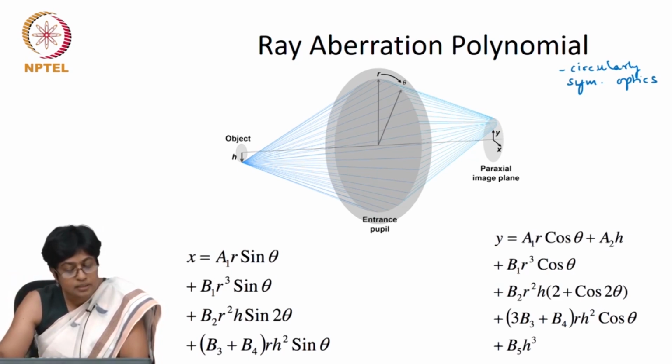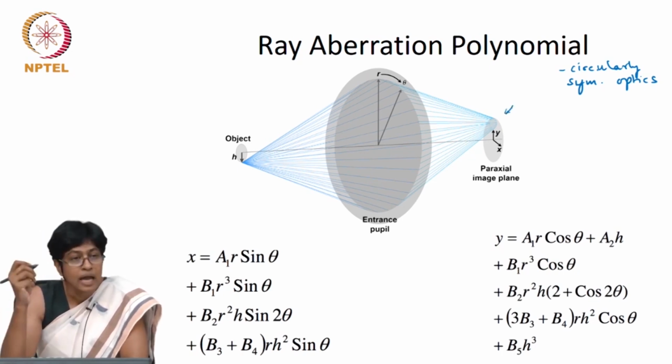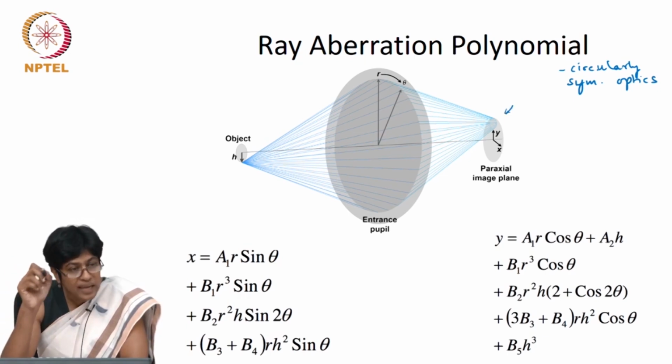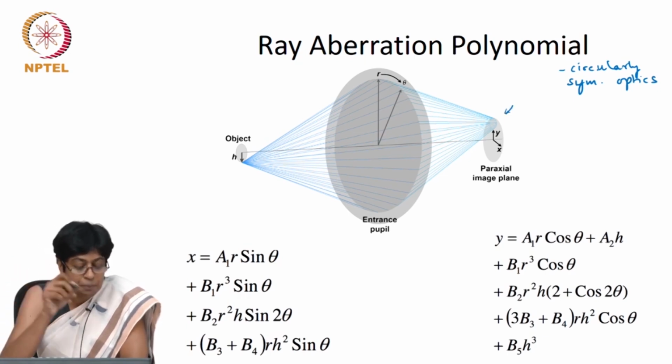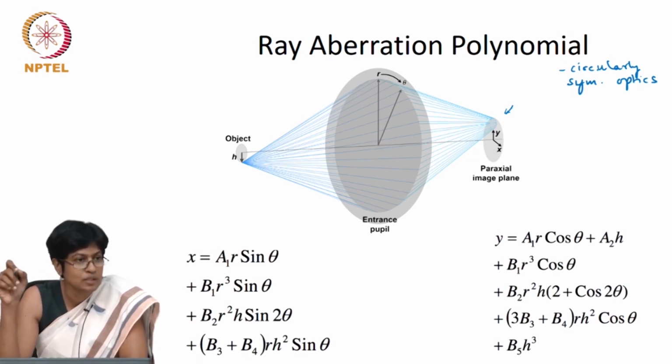So the parameters of interest are the image point in the paraxial image plane, that's what's shown here, and we want to find out where that ray that is coming from the object hits the image plane. In other words, what is the x and y coordinate of the ray as it hits the image plane?